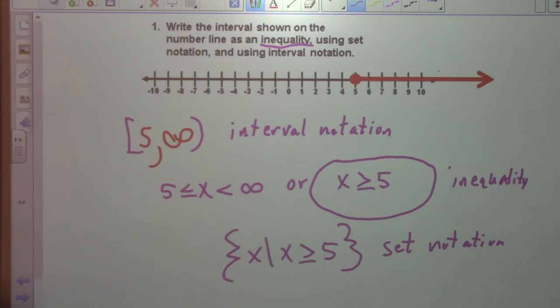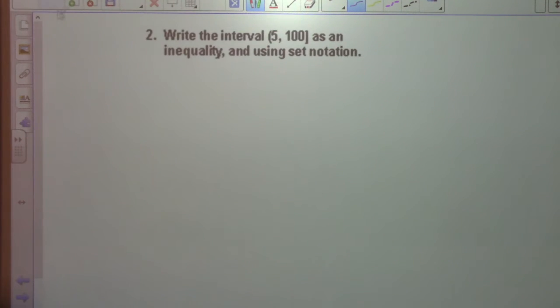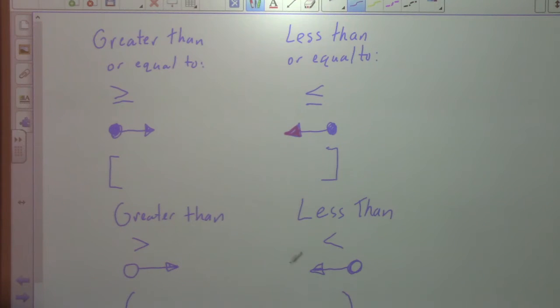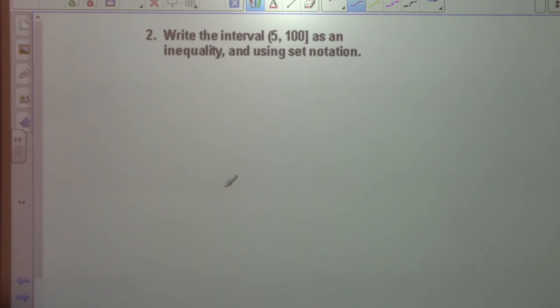Let's go on to number 2. Here you're given an interval notation, and you can refer back to Ashton's guide here. This was Ashton's idea to write this down. If you refer to this guide, is that going to help you with problem 2?